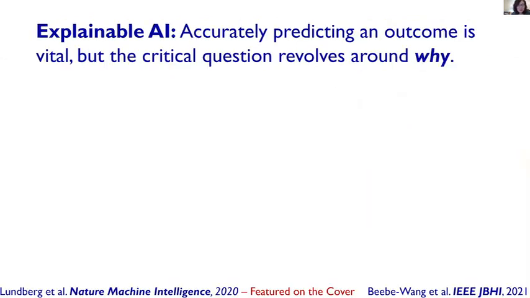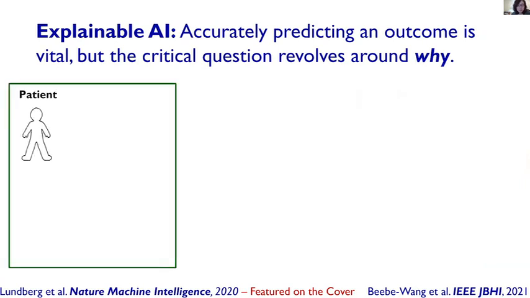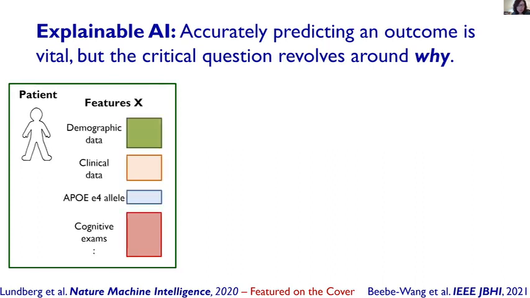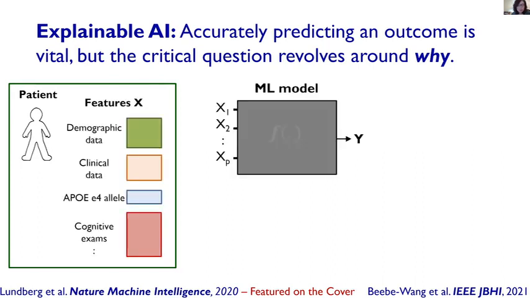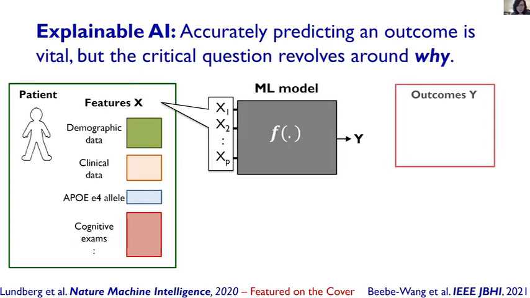So the key idea of explainable AI is to try to understand why a certain output was generated by a machine learning model. Say that, when you have a set of features from some individual and then a well-trained machine learning model, we know that we can predict various kinds of clinical outcomes, such as, for example, imminent dementia onset, say, within the next 3 years.